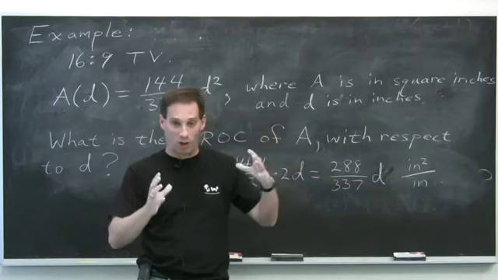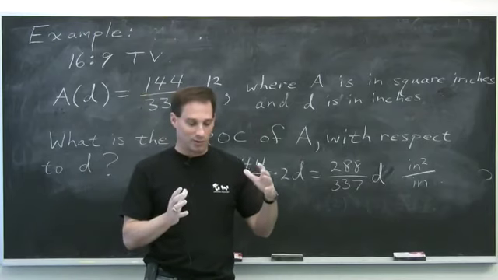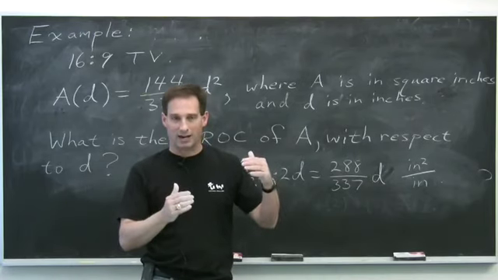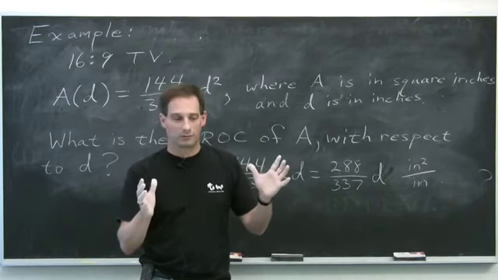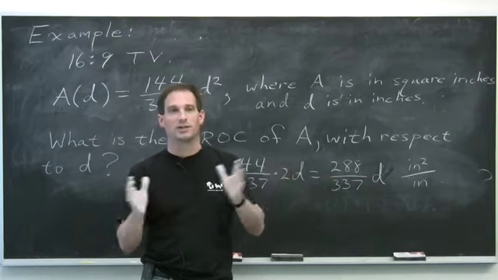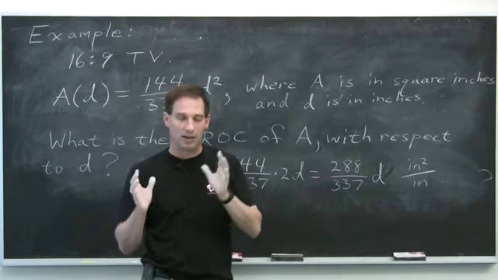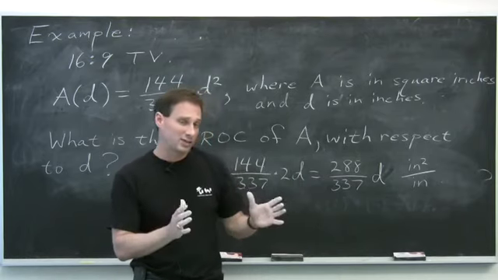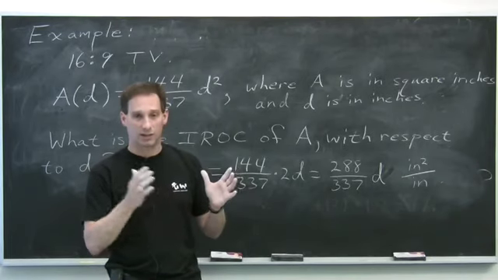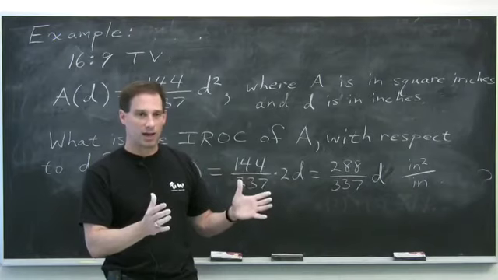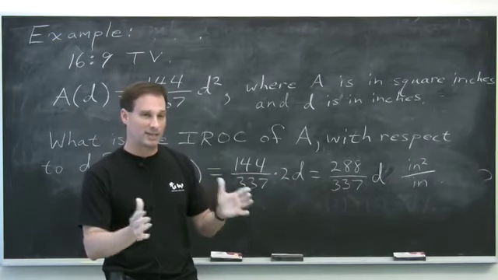That is, if you have a small screen television and you add a couple of inches, or a few inches, maybe you double the area of your television when it wouldn't double the area of a much bigger TV. Yeah, you might add more actual inches in the big TV than to the small TV, but as a fraction of the original size, it's much bigger when d is smaller.